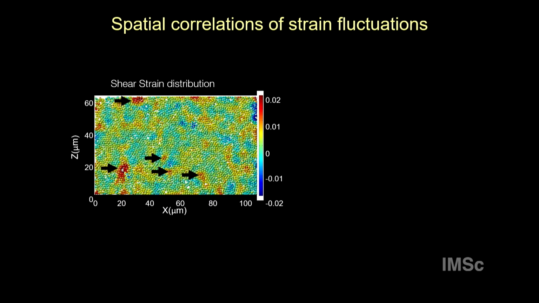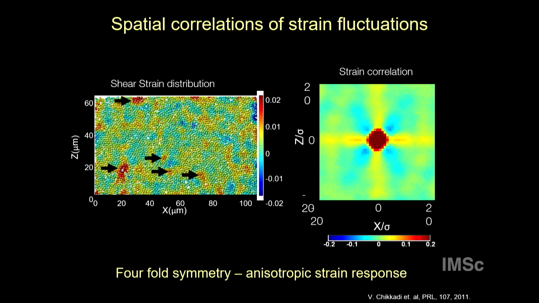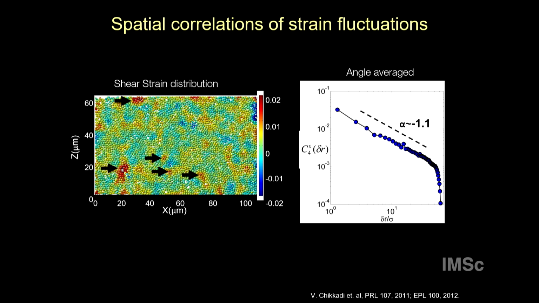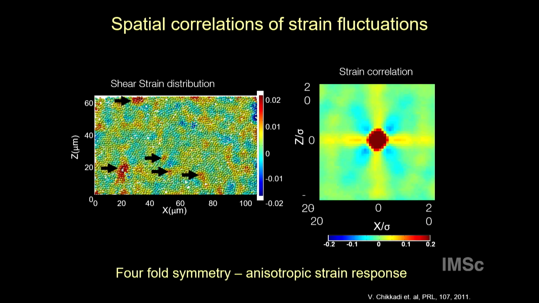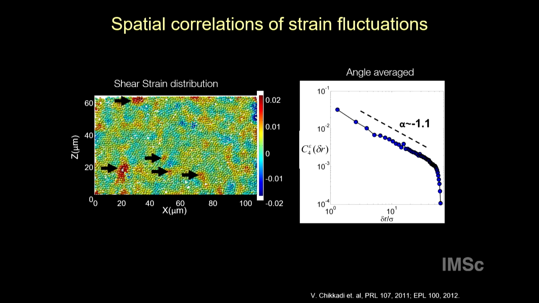And when we plot the correlations in the x and z plane, you see this nice quadrupolar symmetry. So the strain correlations are very, very anisotropic. If you project this onto cos 4 theta and take an angular average, then this is what you would get. It decays with an exponent that is close to 1. Where does it decay?